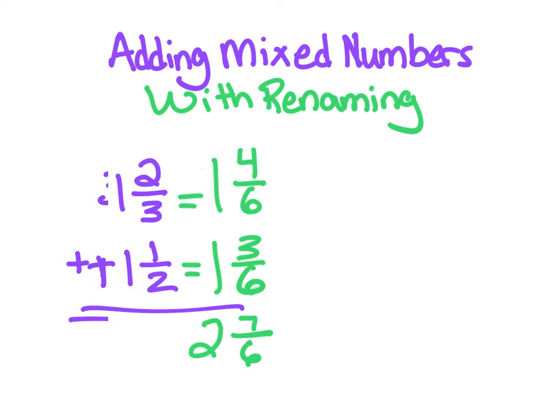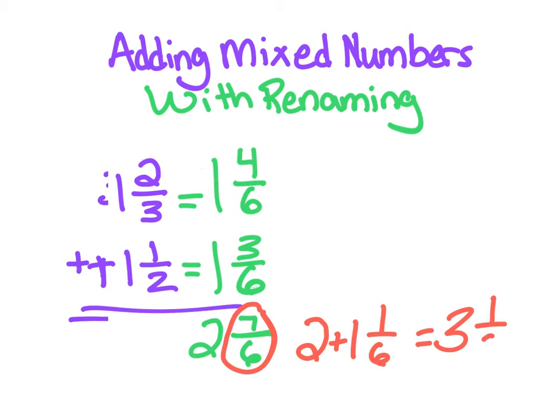So when we look at the 7/6, we should remember that that is equal to 1 1/6. So I already have 2 for a whole number. And if the 7/6 is equal to 1 1/6, I simply add those together. And my final answer would be 3 1/6.